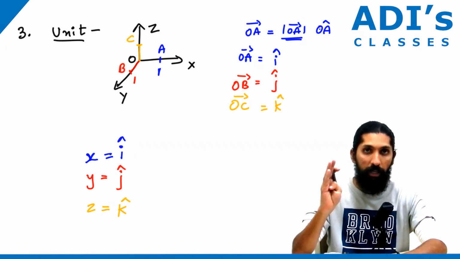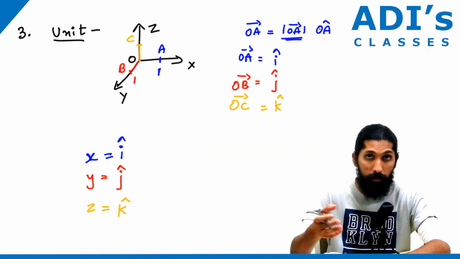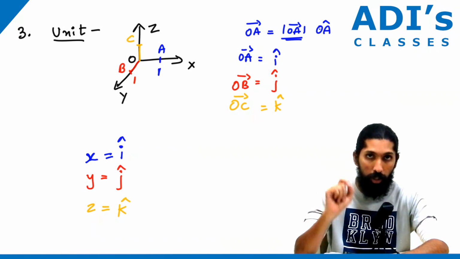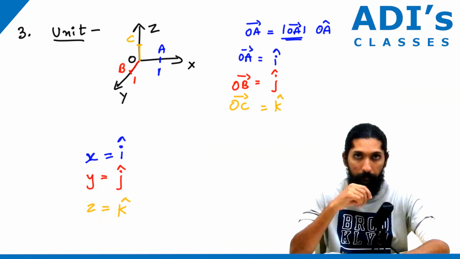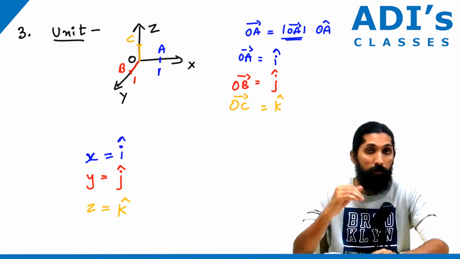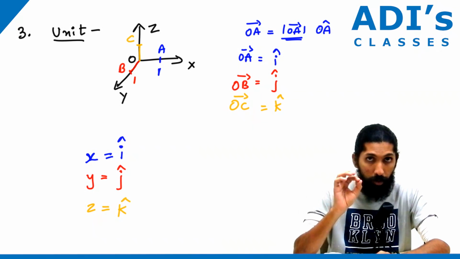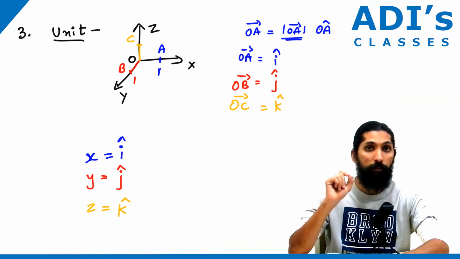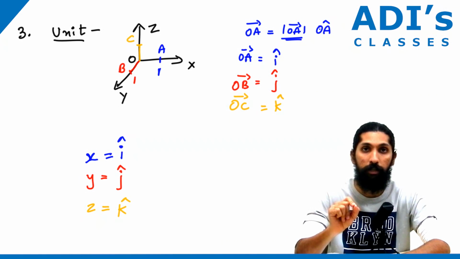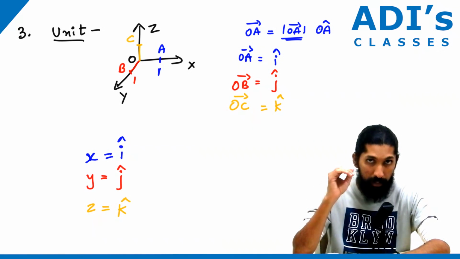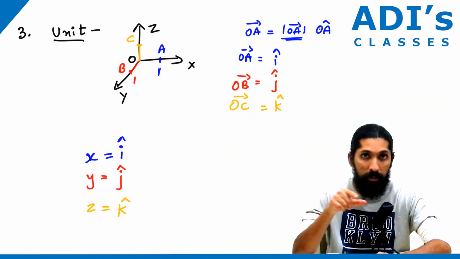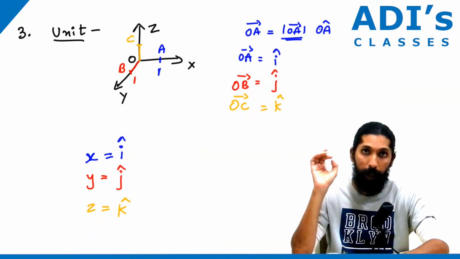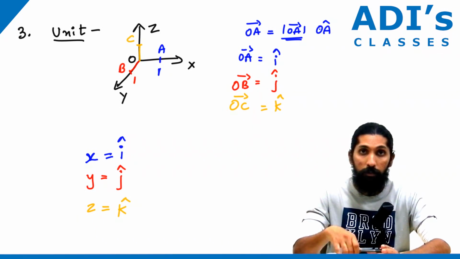I, J, K. You guys already know this one, but still, along the x-axis is I, along the y-axis is J, and along the z-axis is K. Clear? So these are what we call unit vectors. Unit vectors have a magnitude of 1, but they move along a particular direction. Specifically for the x-axis, y-axis and z-axis, we have a name for it, which is ijk. Clear? So these are what we call unit vectors.